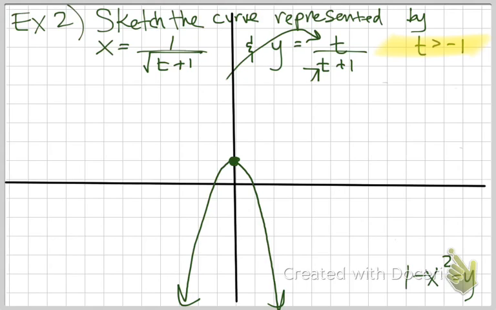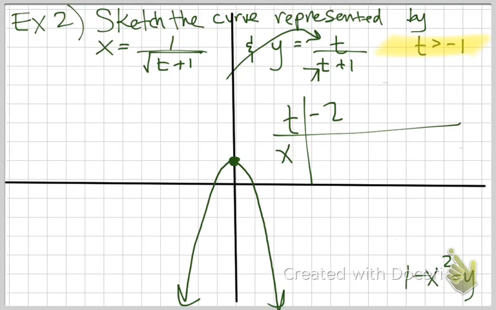Or actually, imagine what it would be if you plugged in a number really close to -1, so the limit as it's approaching -1. Let's plug in negative 2. If I plug in t equals negative 2 for x, on the bottom that's negative 2 plus 1, which is negative 1, and the square root of that doesn't work.